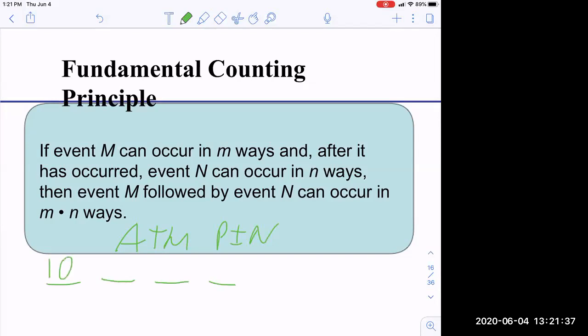There's 10 ways for the first digit, 10 ways for the second, third, and fourth, because you could have 0 through 9 as a digit in your PIN. The counting principle says multiply those together. That's 10,000. So there's 10,000 different ATM PIN numbers that we could generate with 4 digits in a PIN.